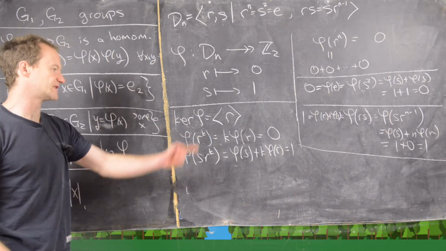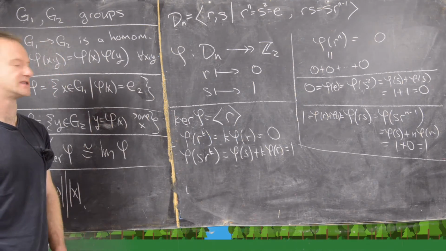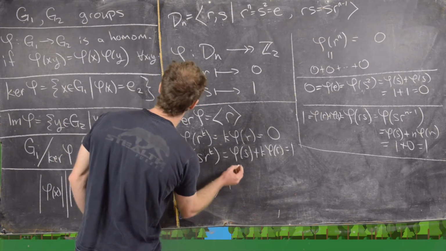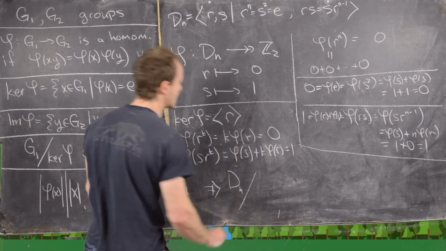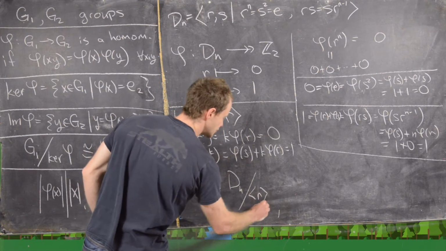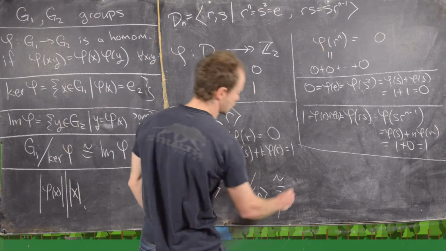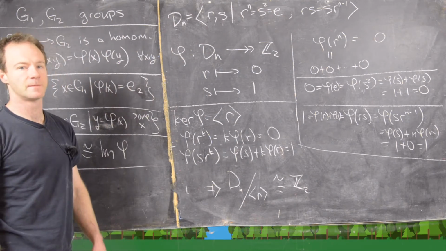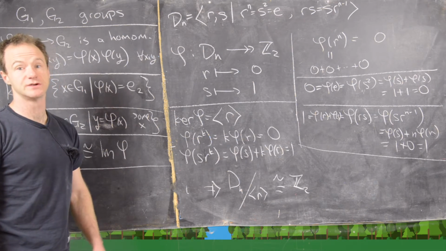So any reflection is sent to 1, any rotation is sent to 0. Okay, good. But now, notice that that tells us that this dihedral group Dn mod the kernel, which is the cyclic subgroup which is generated by R, is isomorphic to Z2. Okay, good. So I'll clean up the board and then we'll do another one.